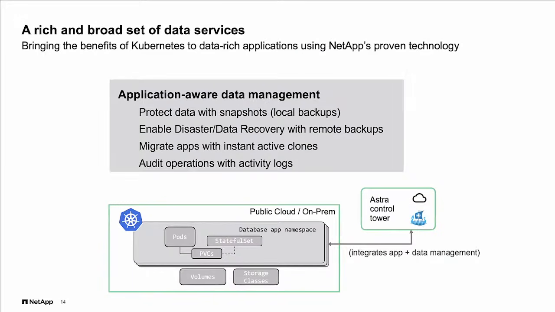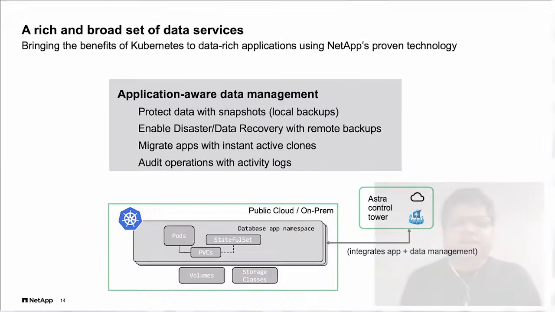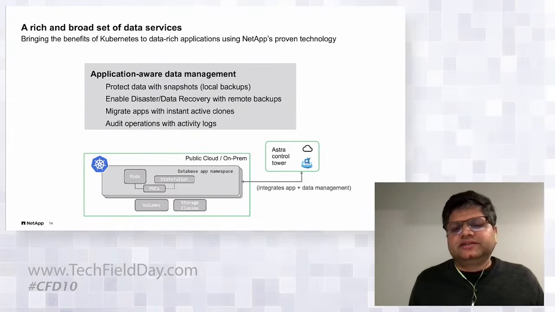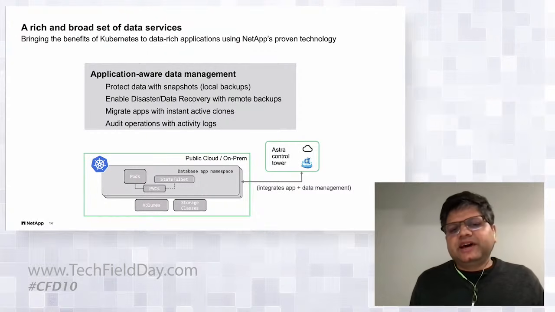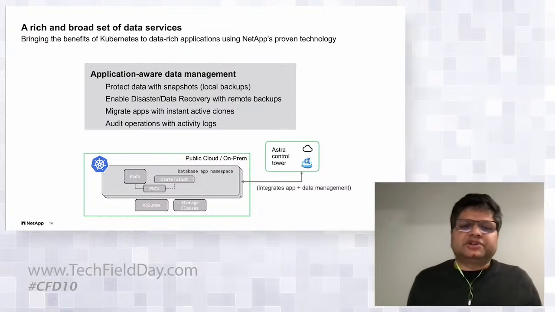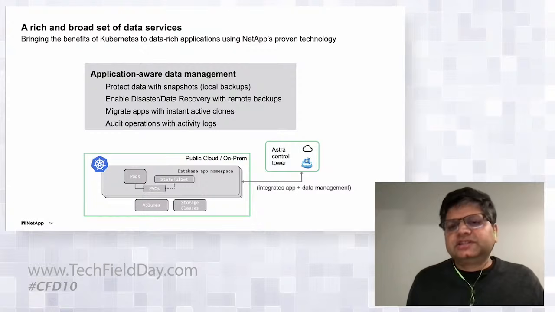So what does Astra provide? We're starting with this, but this is just the beginning. Application-aware data management for protecting data with snapshots. Enable disaster or data recovery with remote backups. You can migrate apps with instant active clones.